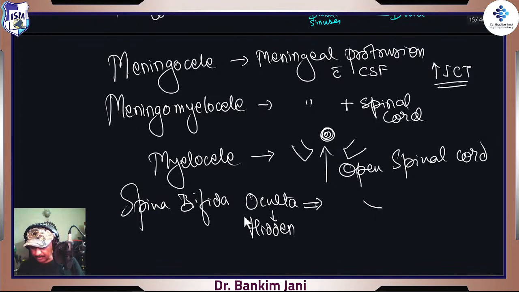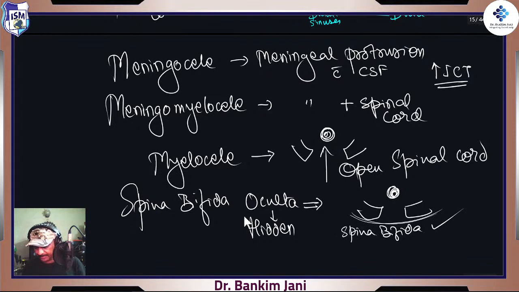It's like this. Here is the spina bifida, but the skin is covering it. So as such, it is hidden. There is spina bifida, but there is no swelling. So that is what is called the spina bifida occulta.